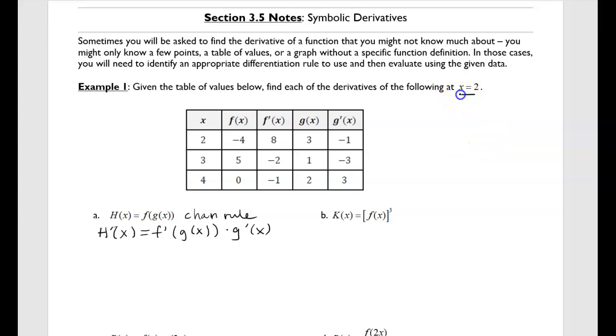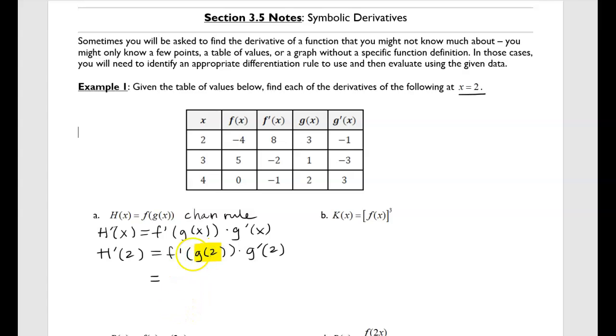But remember, we want to find the derivative at x equals 2, so we'll evaluate at 2. Make sure you write out the derivative first, and then evaluate at 2. So I'm just replacing the x with 2. Then I'm going to use my table of values to fill in. The first thing I'm going to need to find is g of 2.